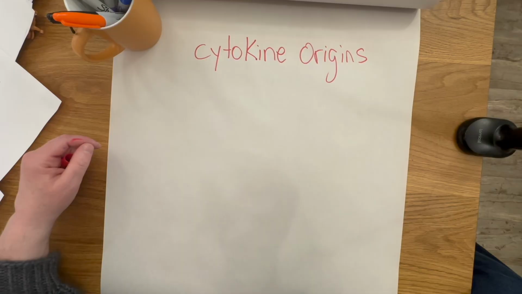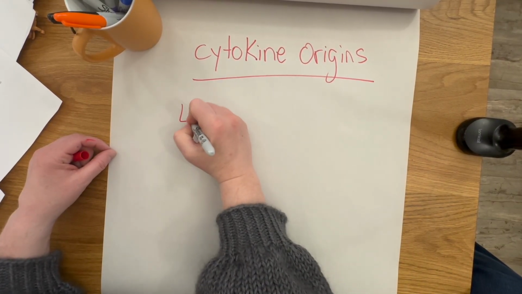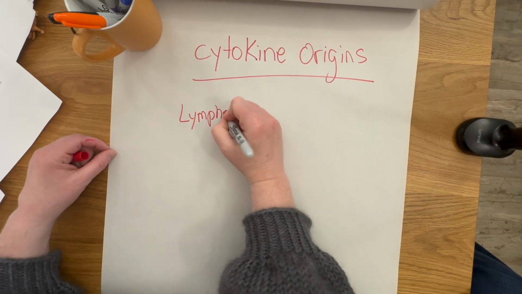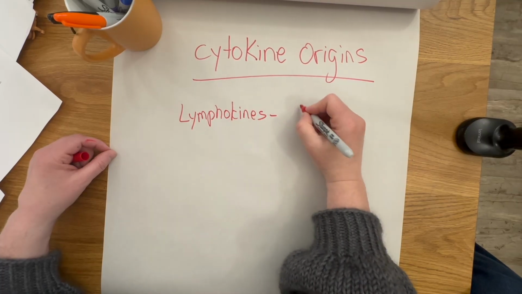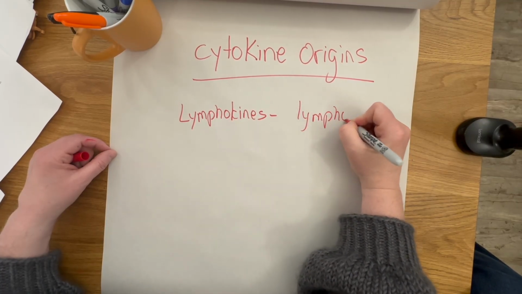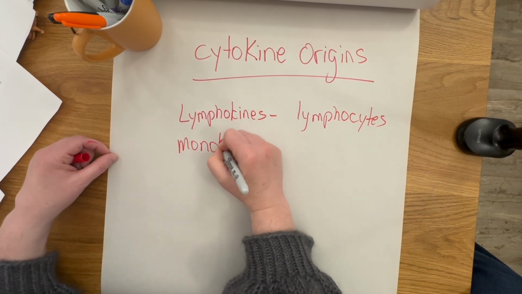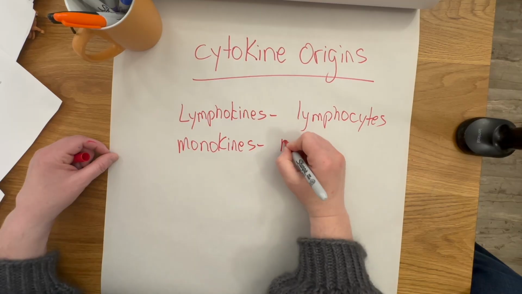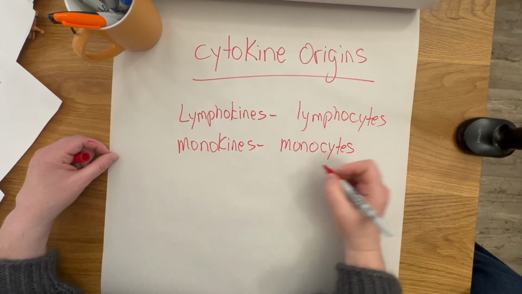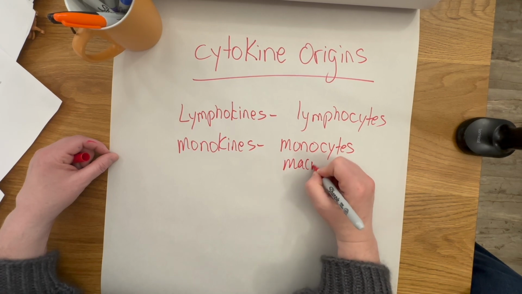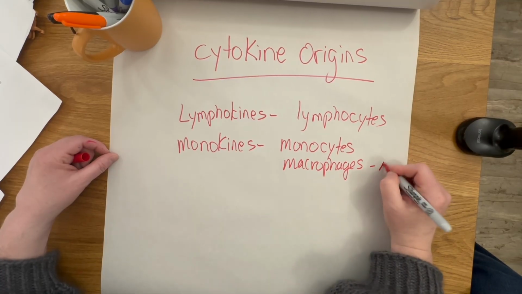Okay. Another way to classify cytokines is by their origins, and so you have the lymphokines, which are coming from lymphocytes, right? You have monokines, and those are coming from monocytes and macrophages and other antigen-presenting cells.